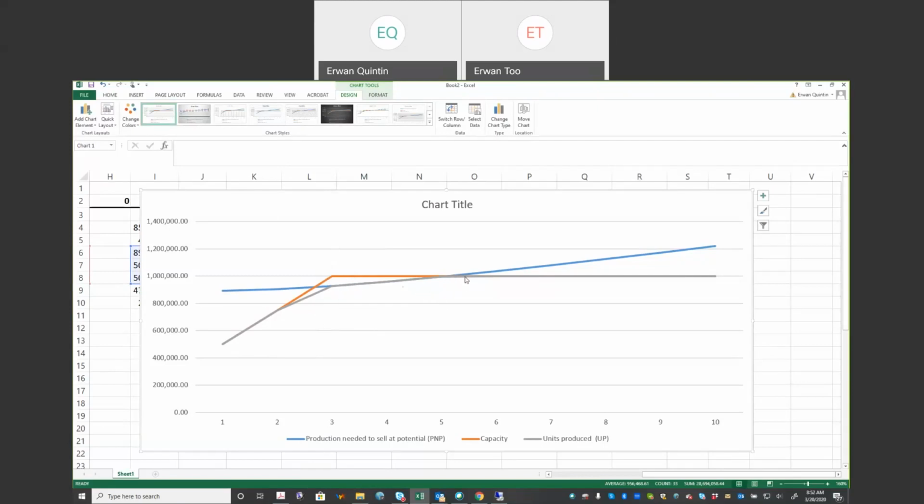But eventually, of course, the blue line is going to catch up to capacity. There is inflation both in the size of the market and in my unit price. Well, actually, here all that matters is the size of the market, not the unit price yet, because we're doing everything in terms of quantity. So the size of the market is getting bigger, and in particular, potential sales are going to outpace my capacity.